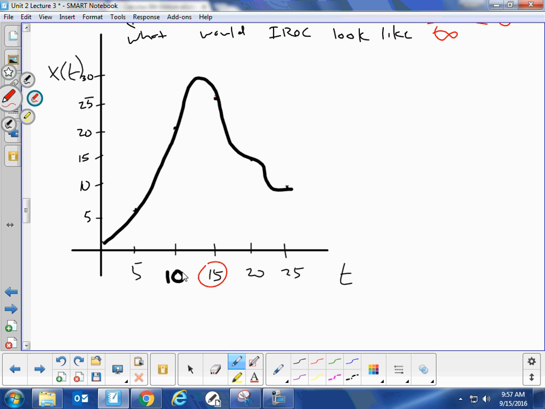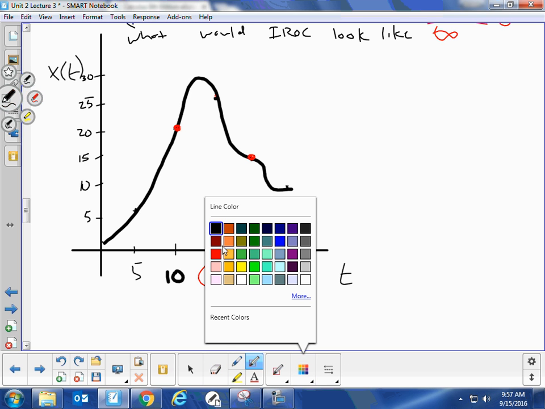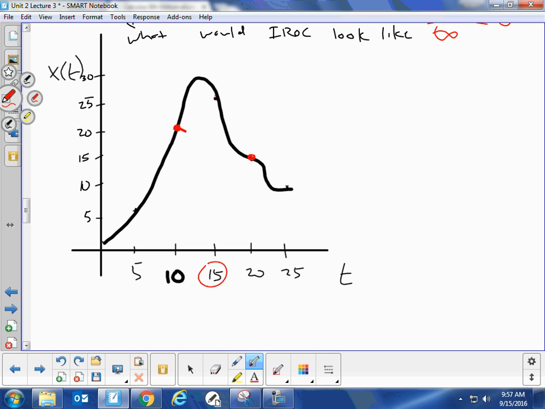This is our information that we were looking at. Well, we started by first using 10 and 20. Now, we didn't use those exact values, but we said the slope of this line, this was a secant line, and this was the average rate of change, right?